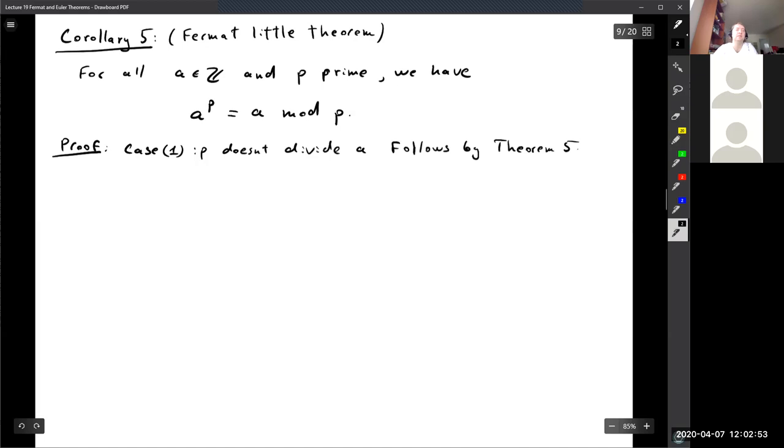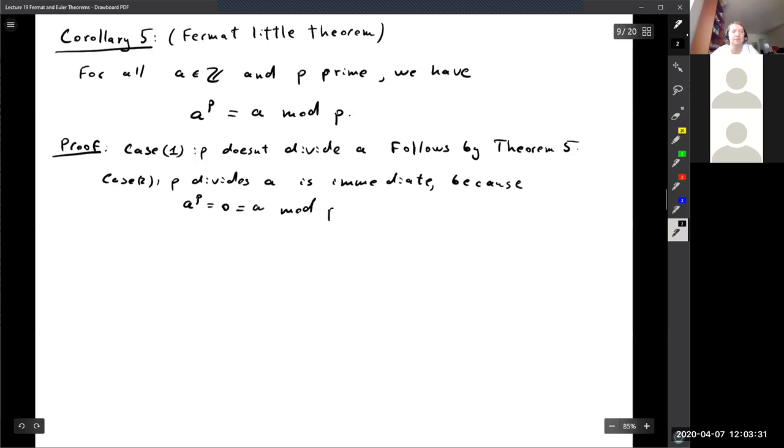You just multiply both sides by A. And case 2, P divides A, is immediate, because in this case A to the P equals A equals 0 mod P. Let's do it this way: A to the P equals 0 equals A mod P. Here we go.